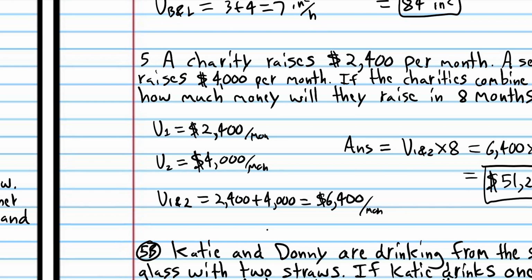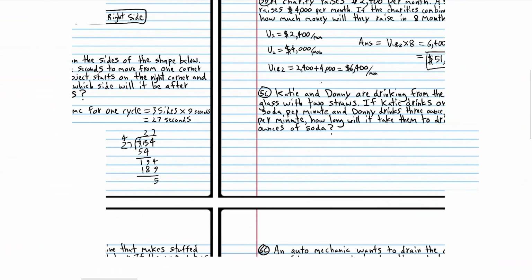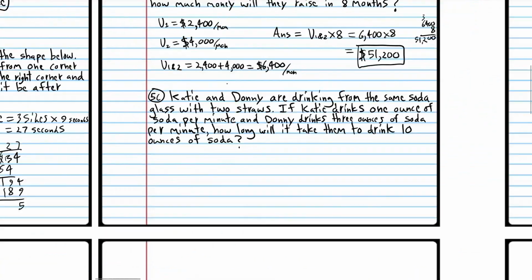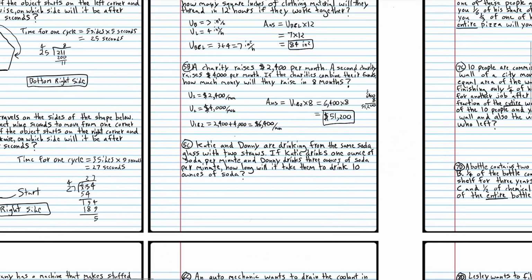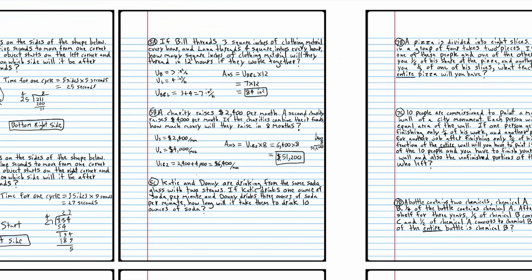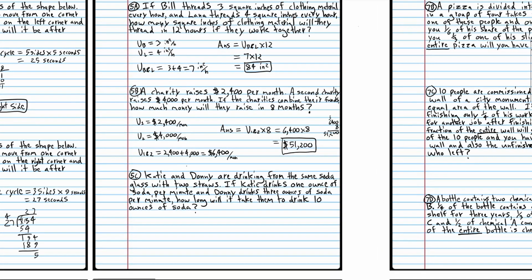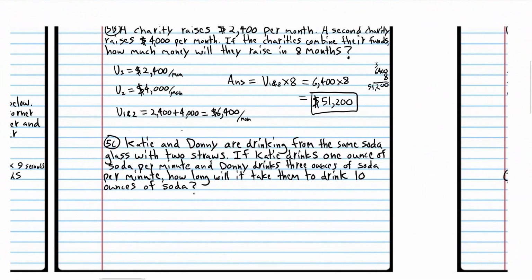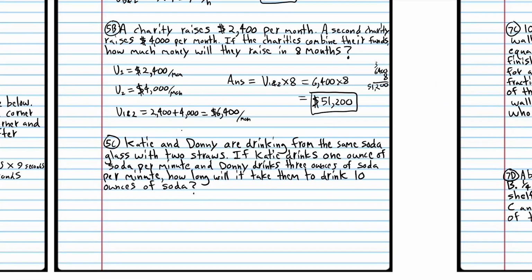That should be B. That should be C. So I just realized that the next problem is kind of different than the problems we just did, so it's kind of unfair to ask you to do a problem that has a slight difference to it. I'm going to go ahead and ask you to try problem C, but I'm going to warn you, problem C is not using multiplication at the end. It's actually using division. So go ahead and try 5C.